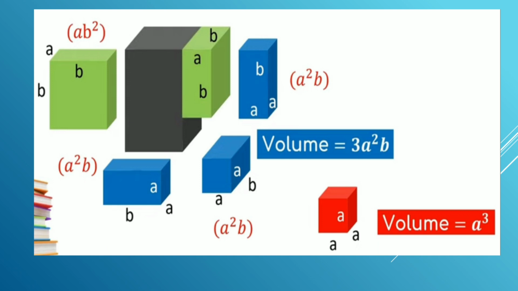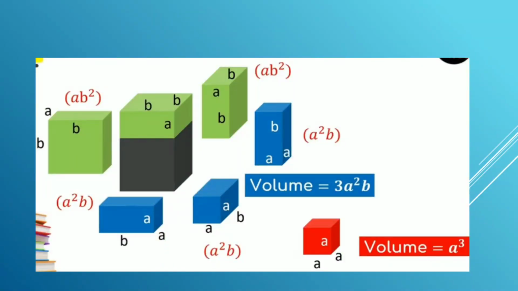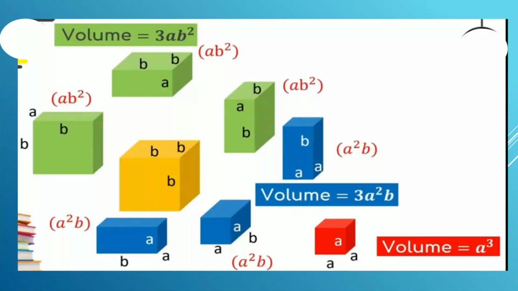Same like this, we will pick up its next green part that we have taken from here, and its volume is equal to a b square. Then the next one that we have taken, its volume is equal to a b square, as this is the length b, and the width is equal to a.